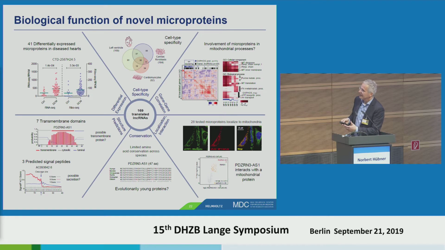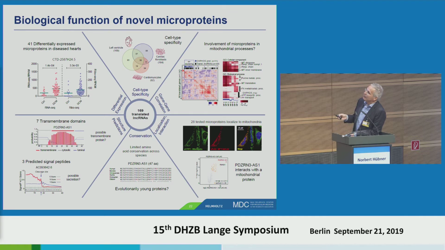So this is just a summary of the different areas we are going into with those novel translational events, and we name them microproteins. We can look at the differential expression of those novel microproteins in heart failure and in controls, and we see a number of those that are strongly regulated, perhaps indicating that they can interfere or are linked to the disease process.